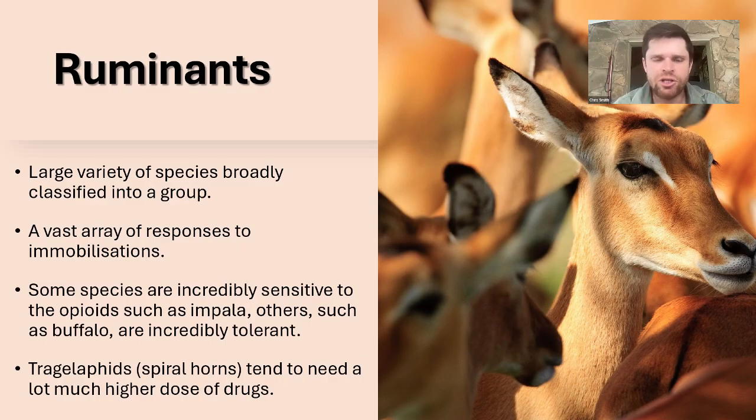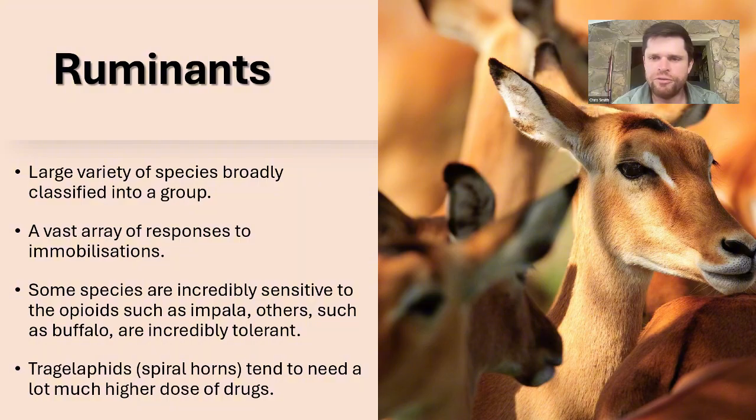Again, there's a huge variety of responses that we get to the drugs that we use. As a complete example, an antelope like impala are incredibly sensitive to potent opioids, and so that needs to be monitored very, very carefully. But then you've got some of your bovids like buffalo, very tolerant and can actually tolerate quite high volumes of these drugs.